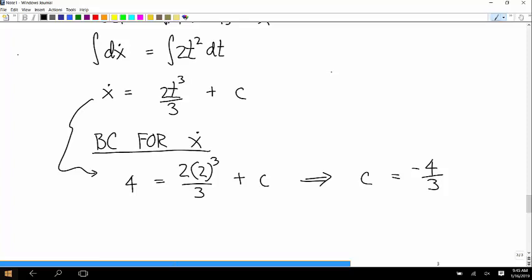Okay, so now I'm going to update. Before we used that boundary condition, we knew this much about it, so I'm going to include that new bit of information.